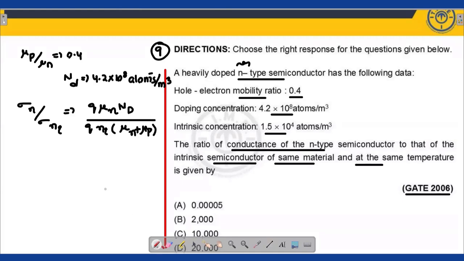So here, ultimately, take mu n as common in the denominator. This formula we already got for the intrinsic concentration; we have derived it in our notes.